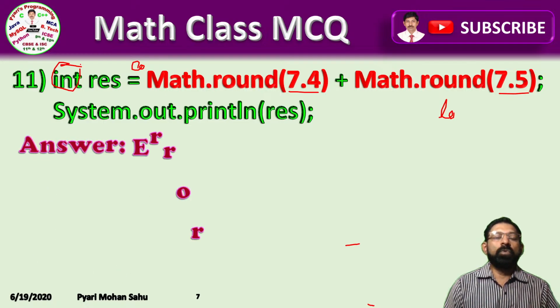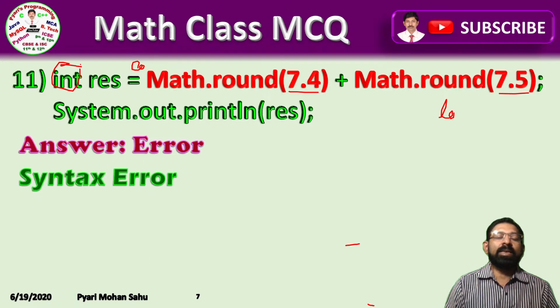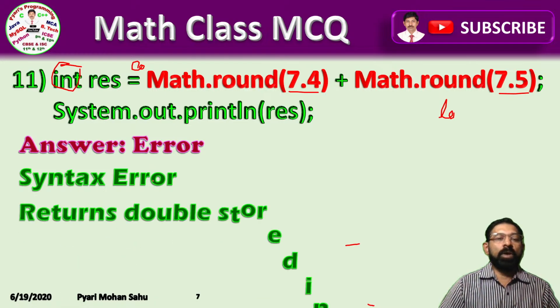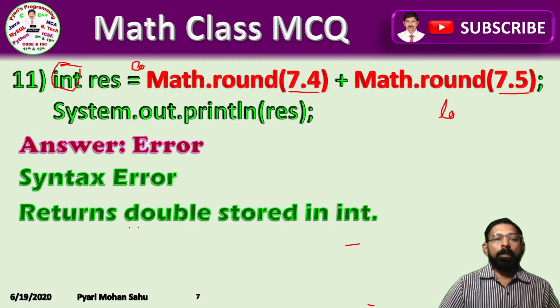So look at this, we are going to get an error. What type of error is it? It is a syntax error because the data type is a mismatch. A higher data type cannot be stored in a lower data type. The reason is given over here. "Returns double stored in int" is wrong. It returns long, not double. It's wrongly given over here.